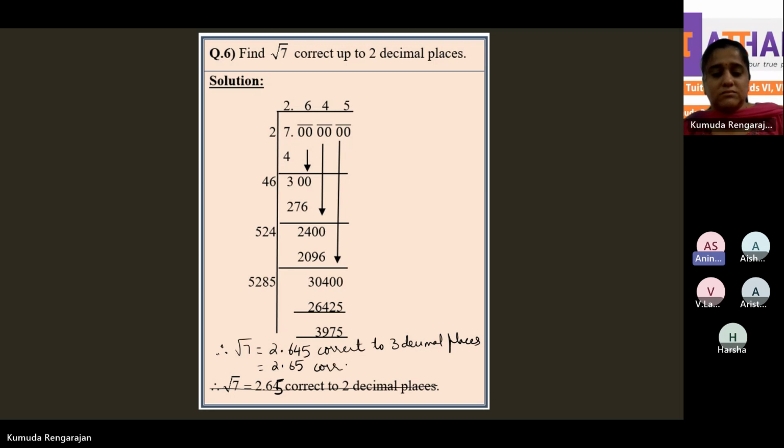Ma'am, I got the answer. Okay, can you share the picture on WhatsApp, Anantika? Yes, ma'am, I can.